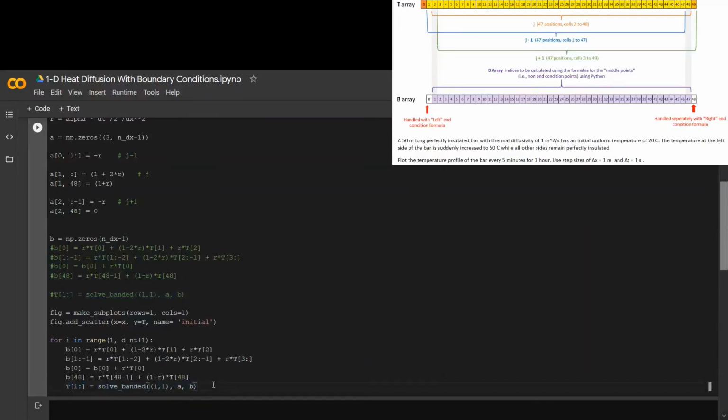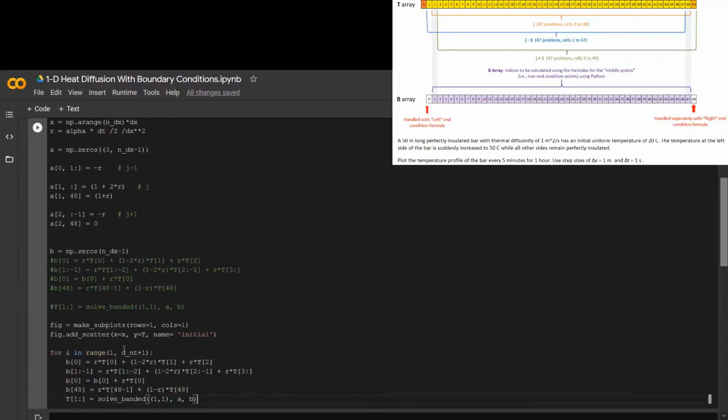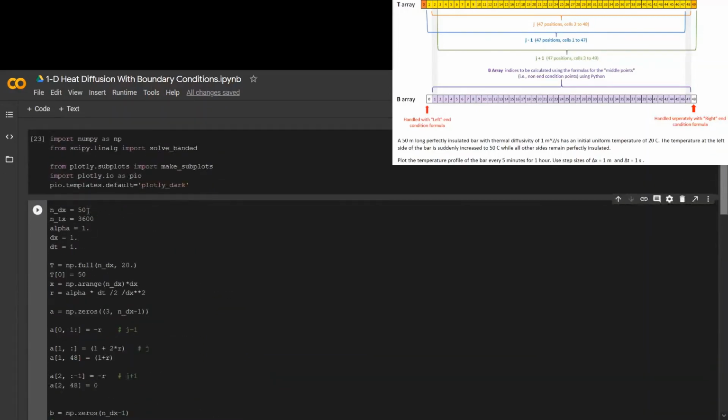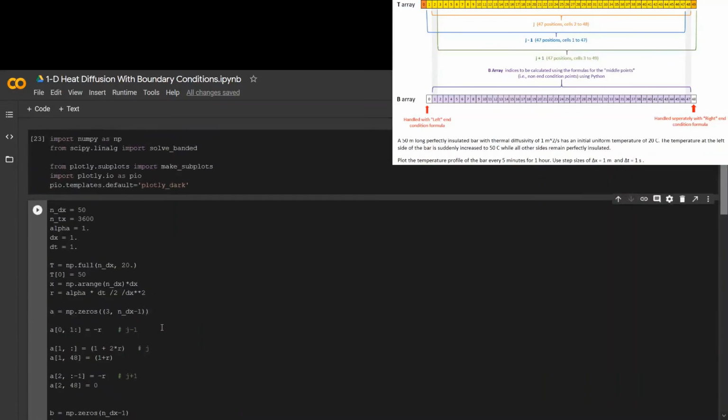So then, if we said we wanted to plot every 5 minutes now, we don't want to be plotting every single iteration, right? Because this dt is in terms of seconds. That's not right. This should be our total.